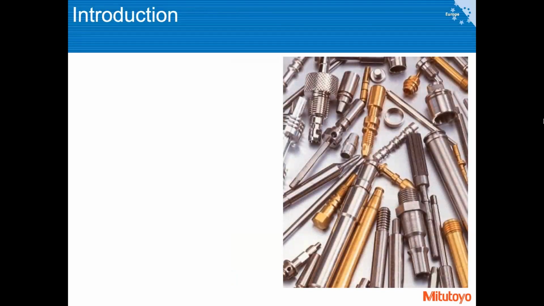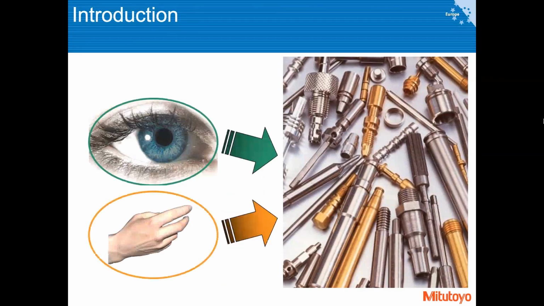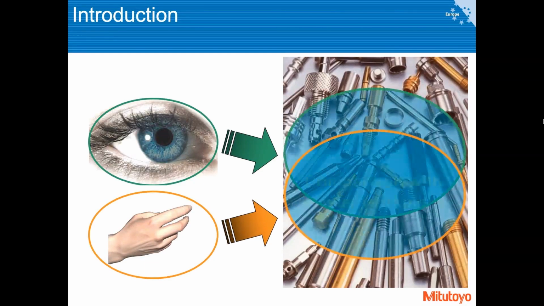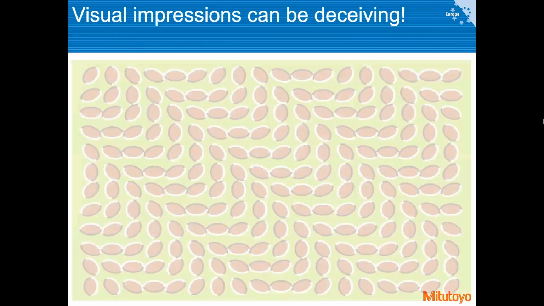Historically, how do you measure them? The easiest way was to just look at your parts and either touch them, as mentioned before. It works all right up till a moment when your eyes or your workpiece start to fail you.